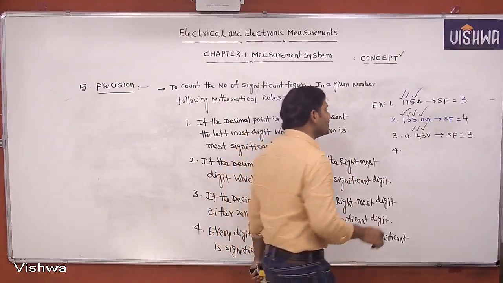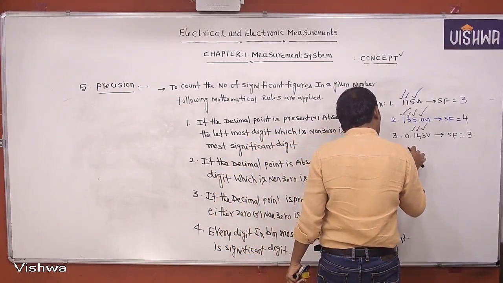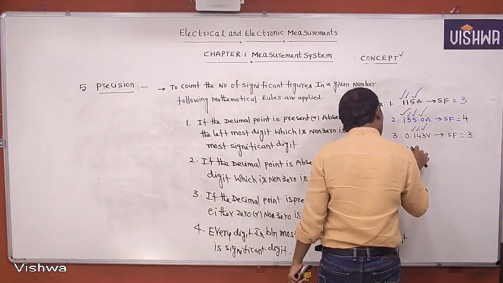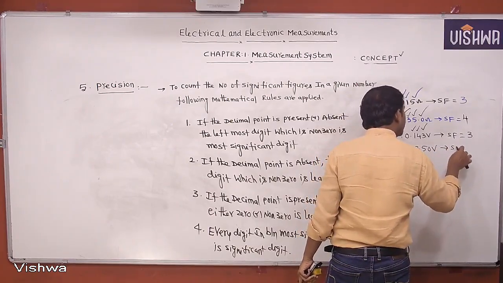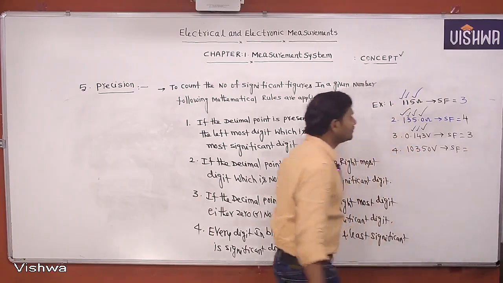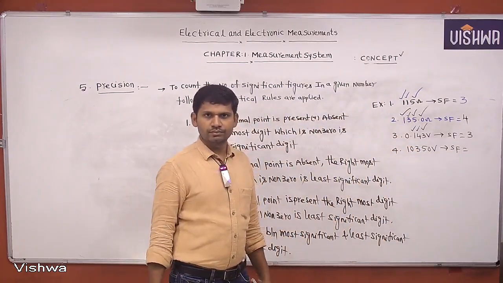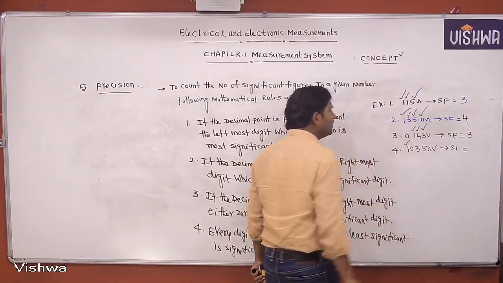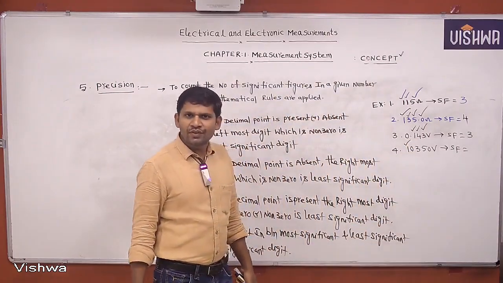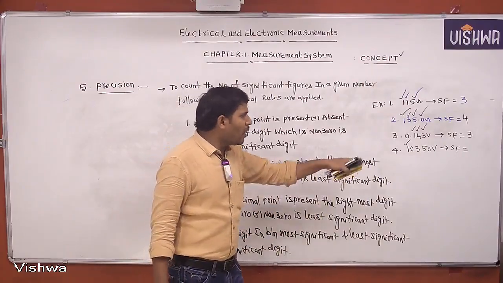For example, if it is given like this, 10350 volts, how many significant figures? The leftmost is always the most significant. Here the decimal point is not present.